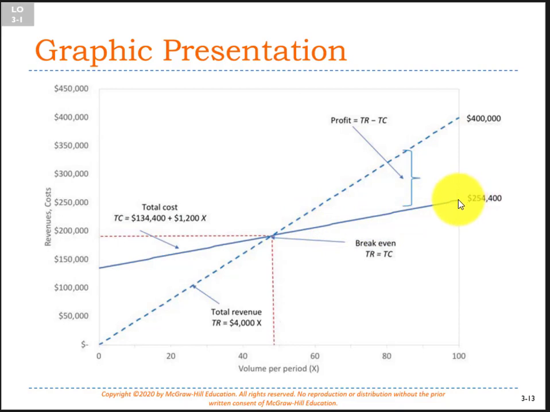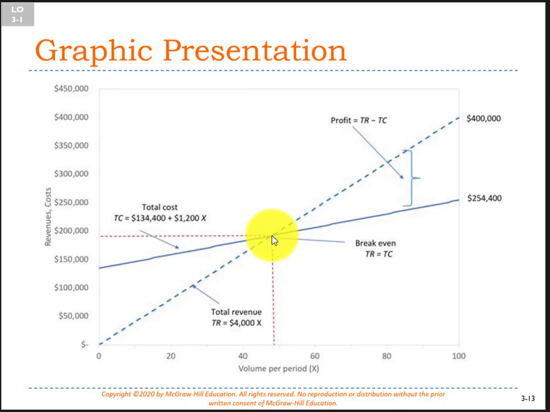So when we have 100 trips, it's going to be 134,400 plus 1,200 times 100, so 254,400. Our break-even is where the revenue and the total costs meet or are the same.